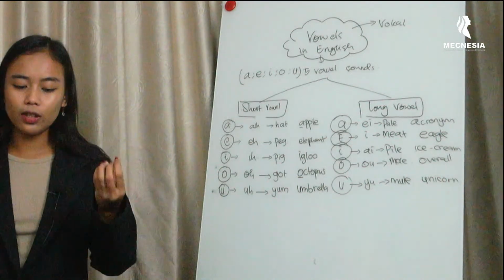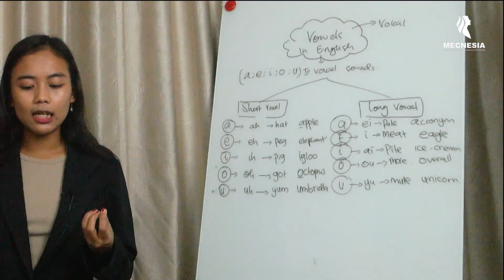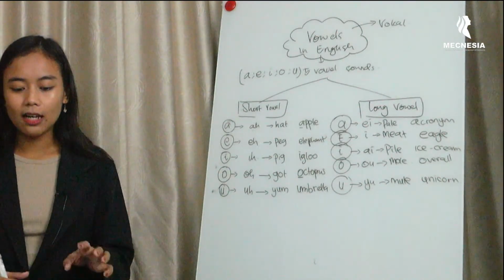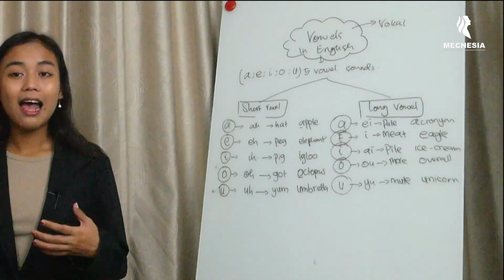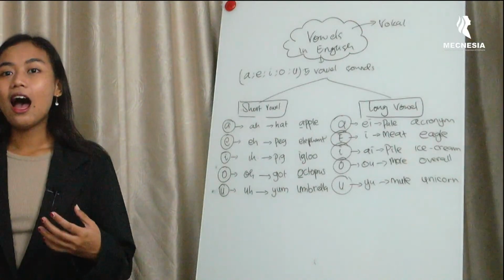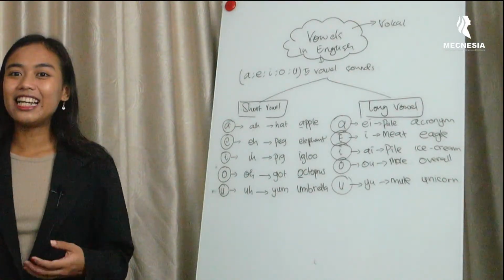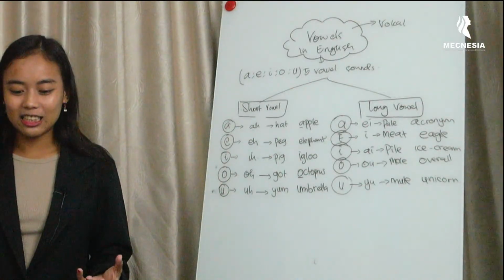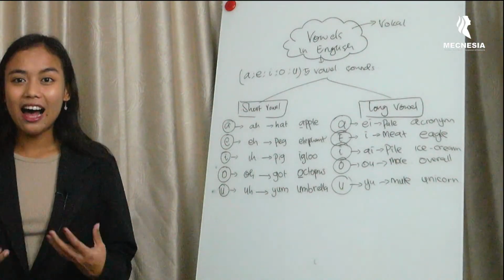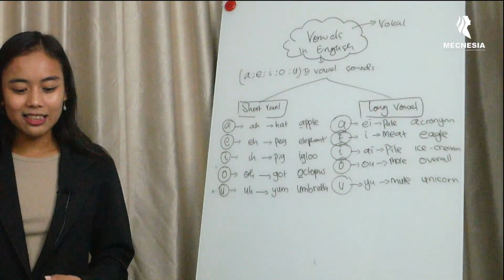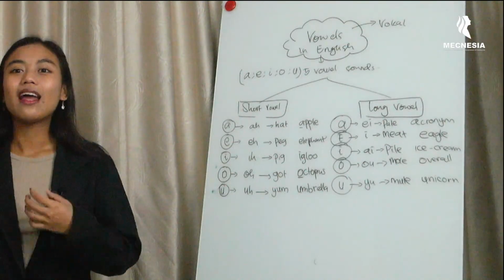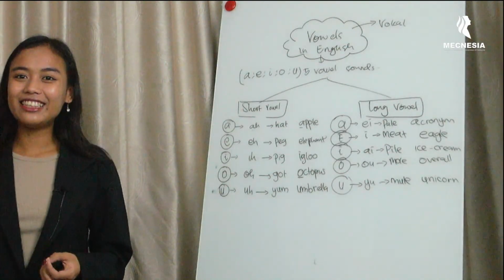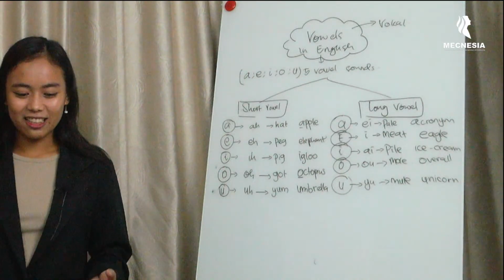Ketika huruf I ini diikuti dengan huruf konsonan dan huruf vokal yang lain. For example, ice. Let's say it together, ice. Next, line. Let's say it together, line.